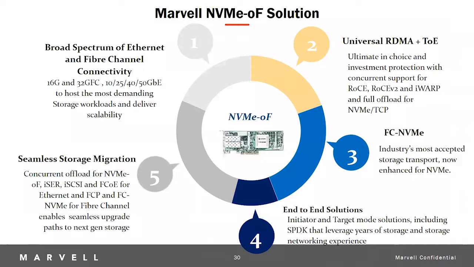Like I said, you can seamlessly introduce NVMe workloads into your FC SANs, and then you can concurrently offload NVMe over Fabrics along with existing iSCSI and FCoE workloads. We have both host and target solutions today, so we are actively engaged with multiple OEMs, server and storage, to bring these products to market.